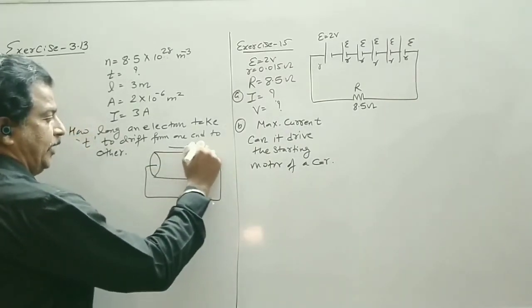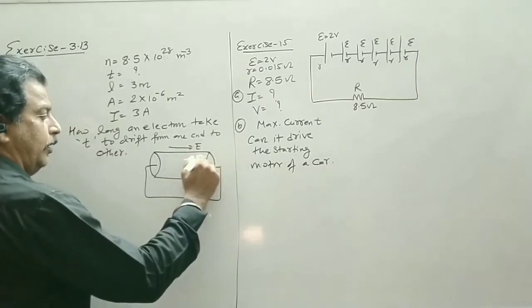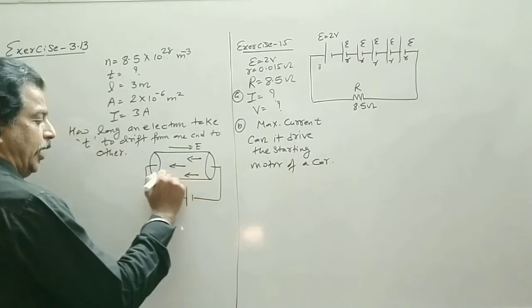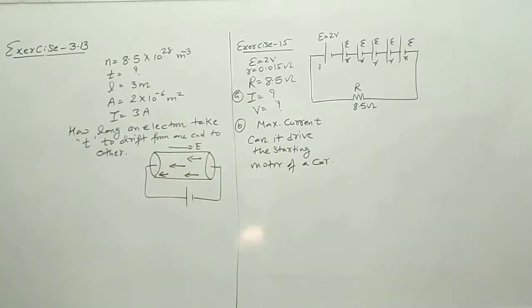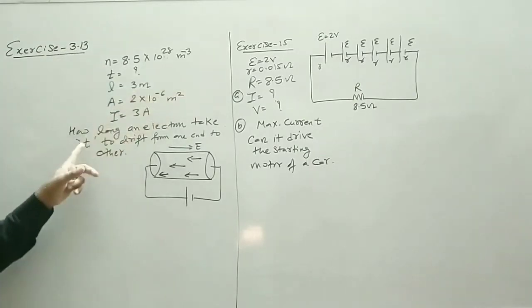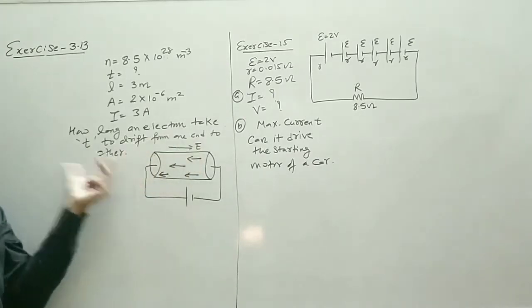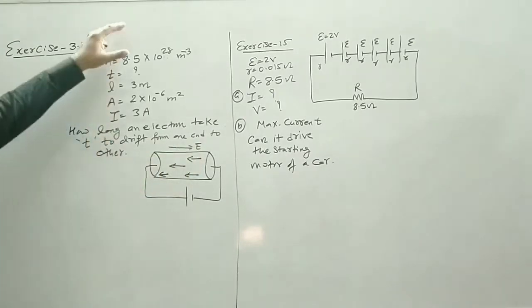So electric field is established and we know the drift of the electrons. Electrons will be drifted opposite to the direction of the field. The question is very simple. It asks how long an electron takes to drift from one end to the other. So we have to only find out the time.